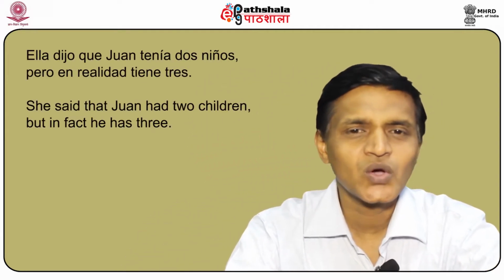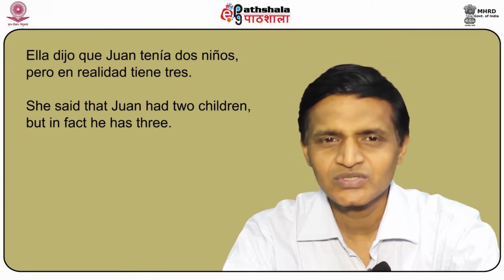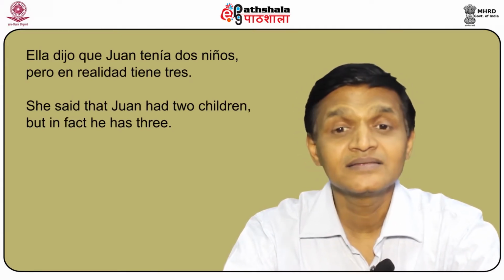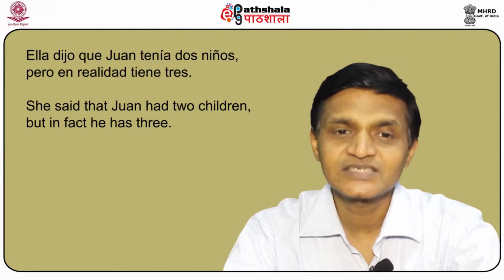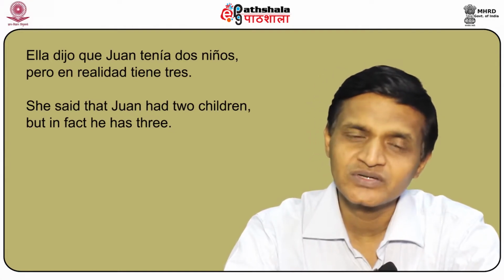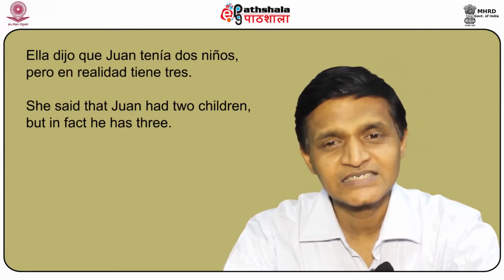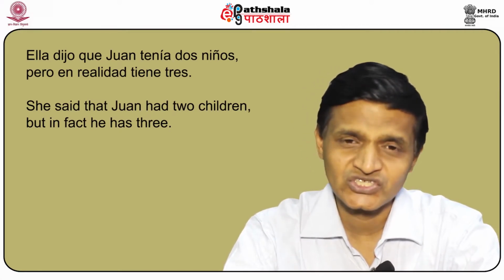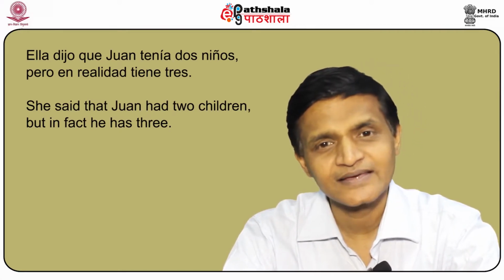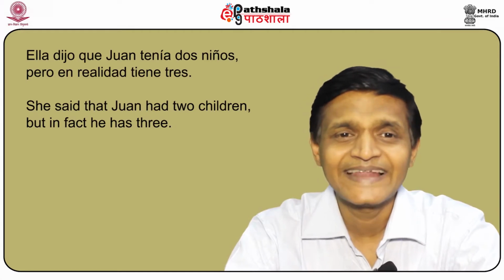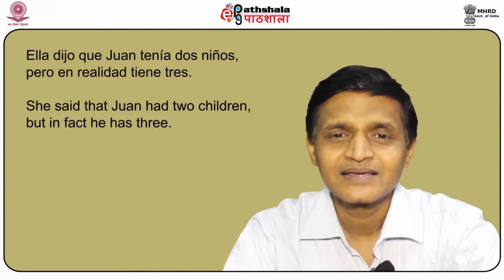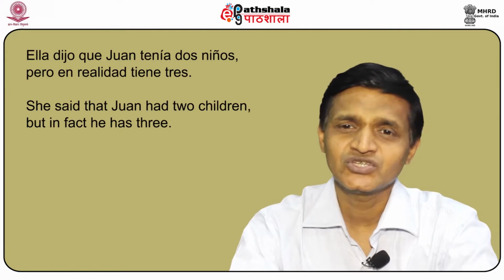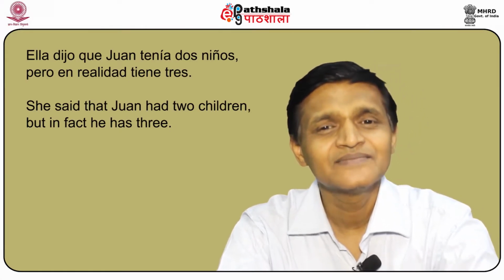Ella dijo que Juan tenía dos niños, pero en realidad tiene tres. She said that Juan had two children, but in fact he has three. So the tense changes from tenía to tiene. Let's repeat: ella dijo a Juan que tenía dos niños, pero en realidad tiene tres.